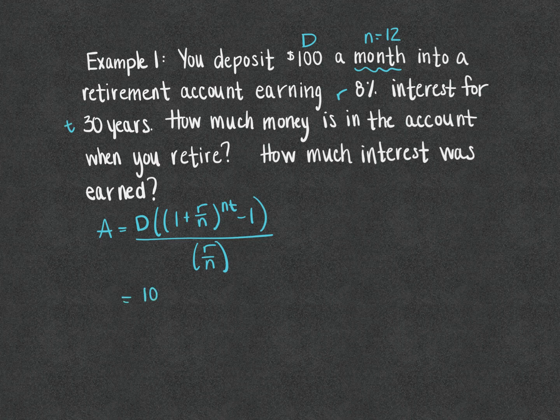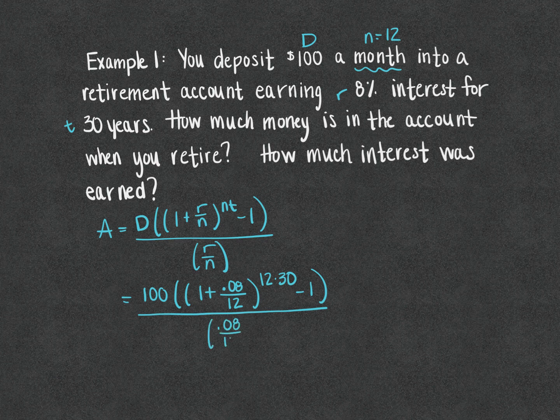So replacing each of the variables with their value. And don't forget that -1 is part of the formula. That gets forgotten often. Again, one of the things on your calculator, when you have this exponent here of 12 times 30, go ahead and do that multiplication.